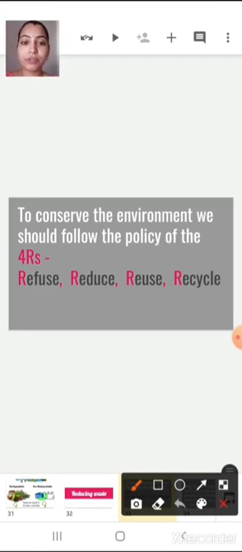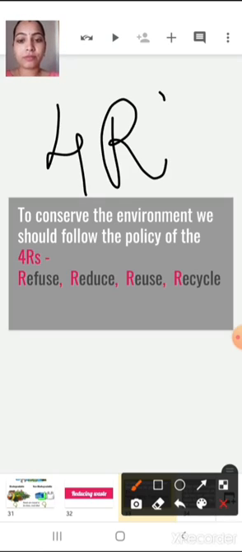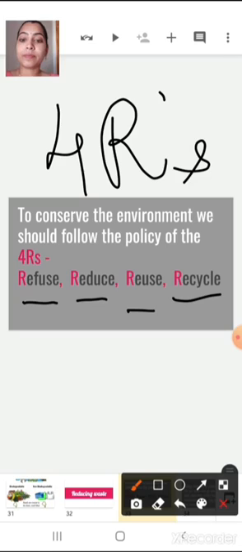To conserve the environment, we should follow the policy of 4 R's. What are these 4 R's? Refuse, reduce, reuse and recycle. Repeat.